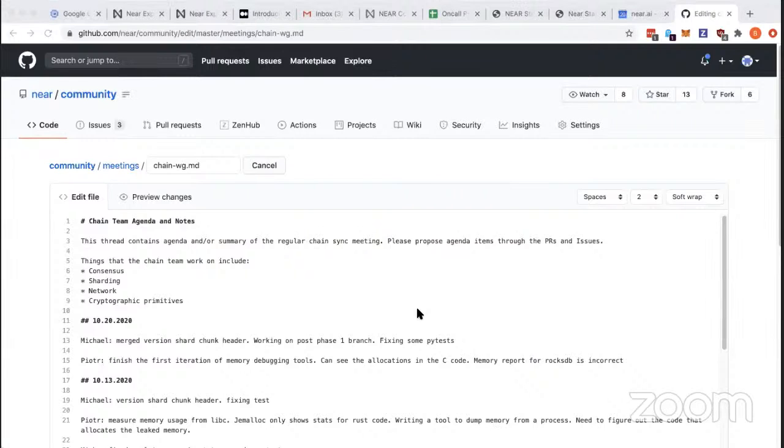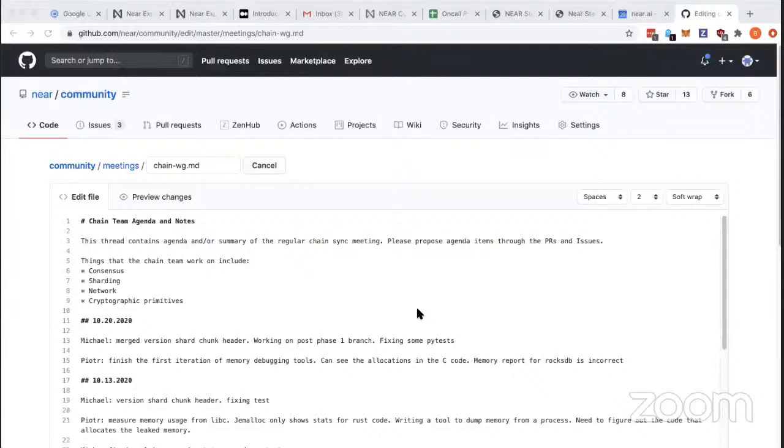I mean, there might still be some small memory leak somewhere in the Rust code, but this is also just a separate thing. It seems like most of the memory allocations in the C code come from RocksDB, and those are pretty much the only allocations that I see from the C code.